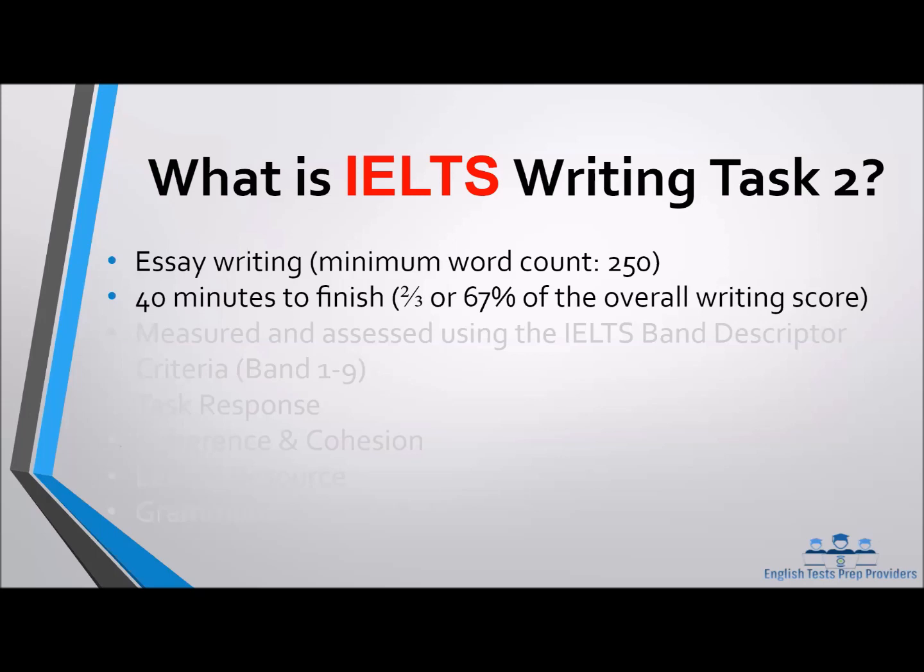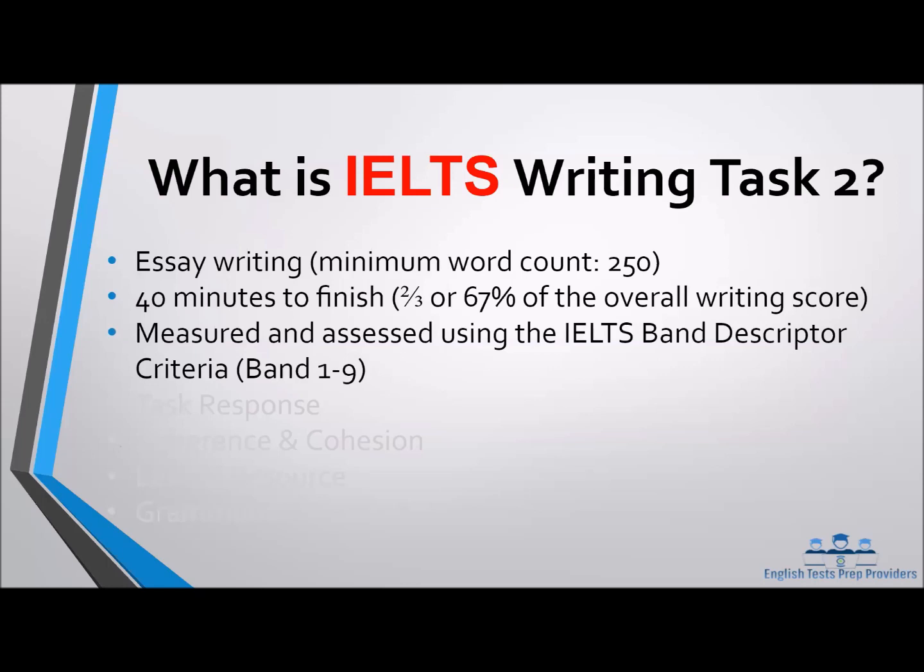Now, the IELTS examiners, particularly two examiners, will be using the IELTS band descriptor criteria to measure and assess your essay. The criteria will be from band 1 to band 9. The writing task 2 criteria are different from the writing task 1 criteria.